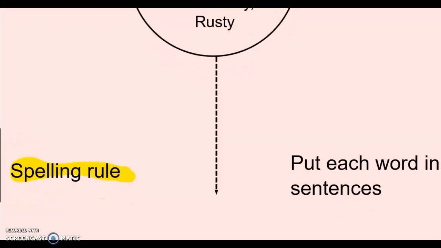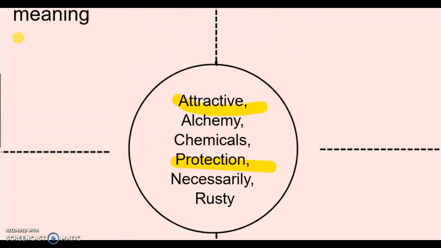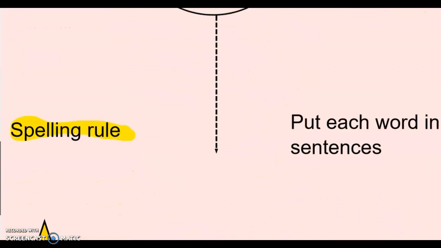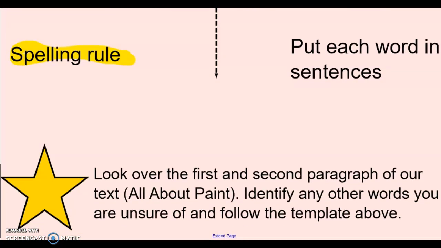Once you have done that for each word that you've highlighted, we've really tuned in to that word and we know the meaning. Then you can identify why those words have been used. And if you want to challenge yourself, you can write a sentence to say, I think the author has used the word protection because it's a non-fiction piece of text.